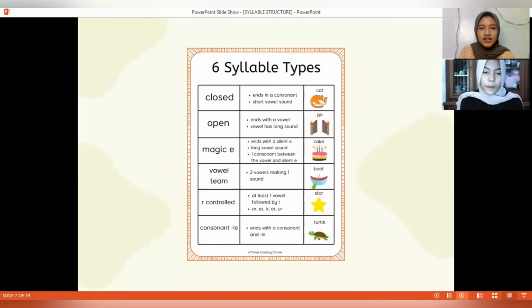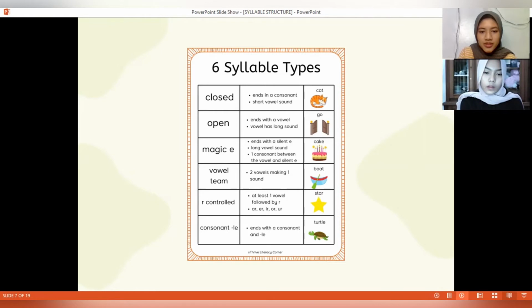Next, six syllable types. Closed ends in a consonant and has a short vowel sound, like cat. Open ends with a vowel, and the vowel has a long sound, like go. Magic E ends with a silent E, has a long vowel sound, with one consonant between the vowel and the silent E, like cake.